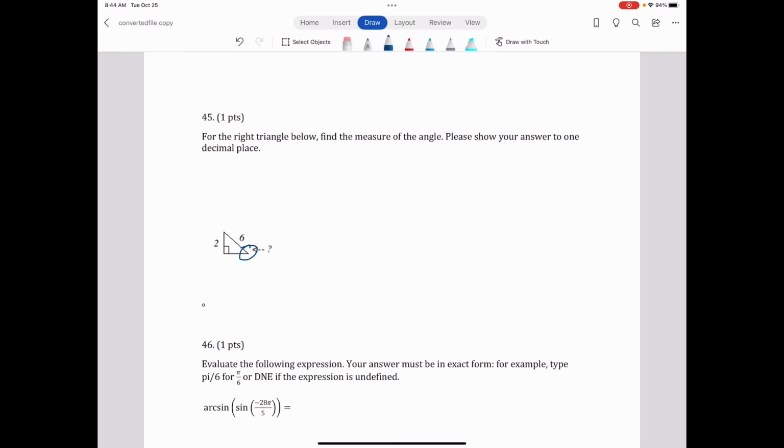So I know relevant to that angle, let me just name that angle alpha maybe. Okay, I have the opposite and the hypotenuse. So I can use sine alpha, opposite over hypotenuse, and then alpha is equal to the inverse sine of 2 over 6.